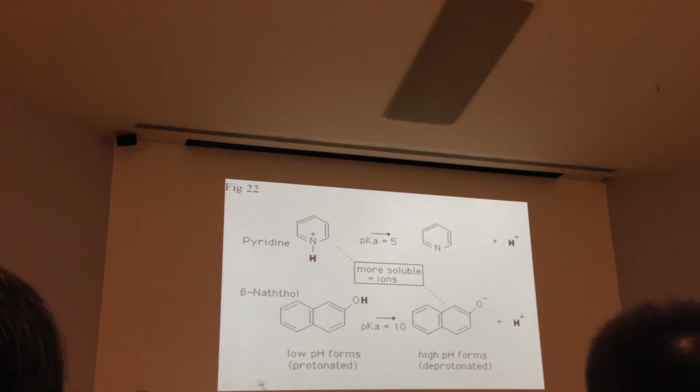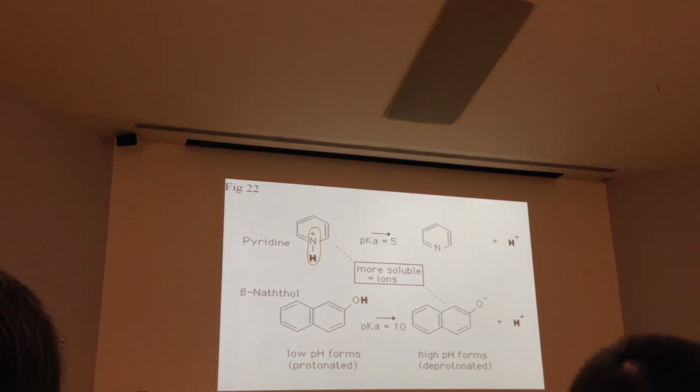And if we then go to this figure, we have some different kinds of molecules. The more soluble form of the nitrogen-containing one is always the ion, and here it is NH plus, the left side of this acid dissociation reaction.